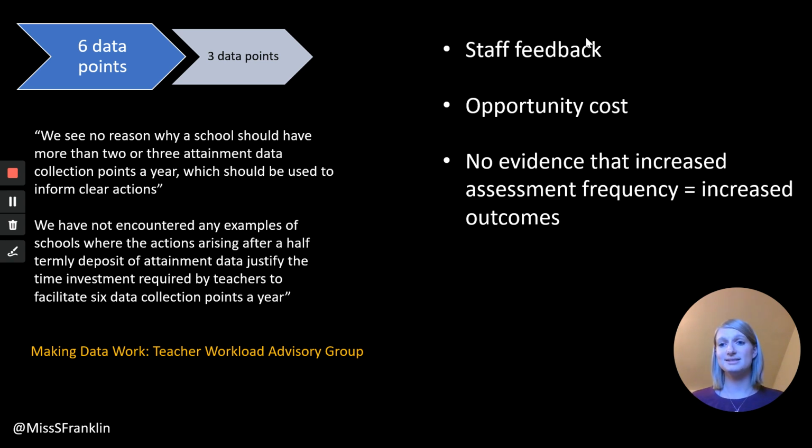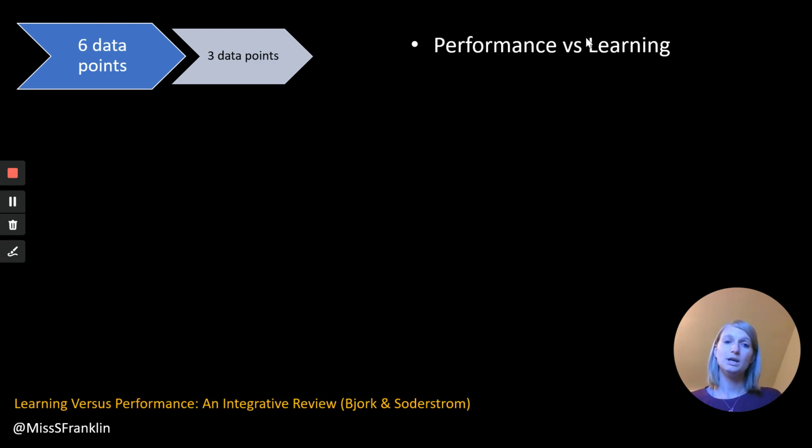And they go so far as to say that actually having any more than 2 or 3 attainment data collection points a year, there is really no reason for that. And I think that's extremely blunt, it's there for us to see. So even by moving from 6 to 3, we're still at the top end of that, but it was a change and a step in the right direction. So that's where I got that anchor of 3 data points from initially.